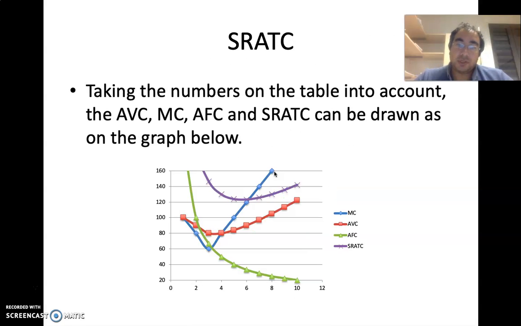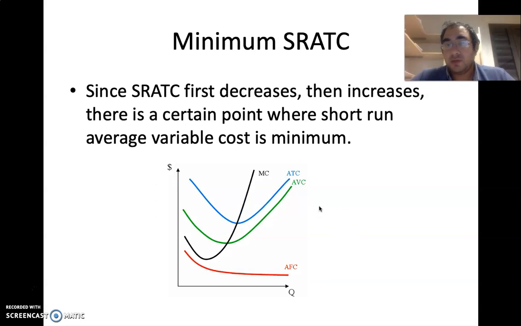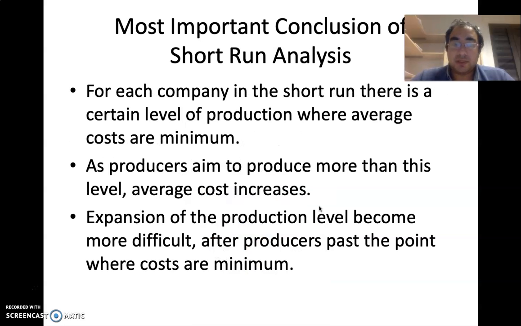So the overall cost structure looks like this. Marginal cost continues increasing. Short-run average total cost and average variable cost are U-shaped and are at their minimum level when they intersect with the marginal cost curve. So what does this mean? What does this type of cost curve tell us?